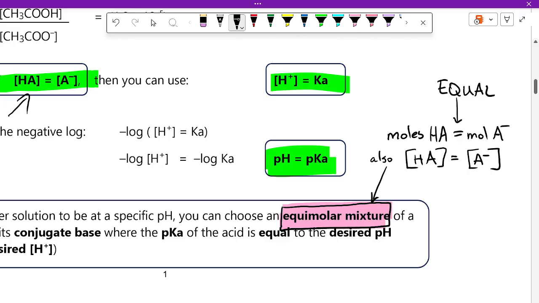It is the half equivalence point, but you can also get there without doing a titration by throwing in 1 mole of your acid and 1 mole of the salt of its conjugate base. So the half equivalence point is a specific case where we get this. Okay?